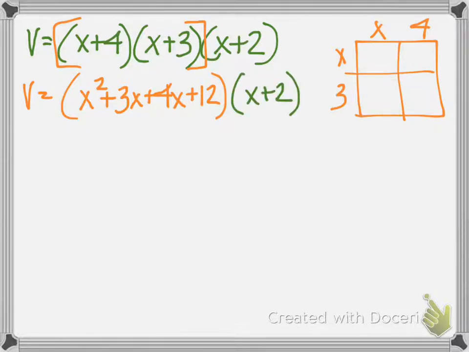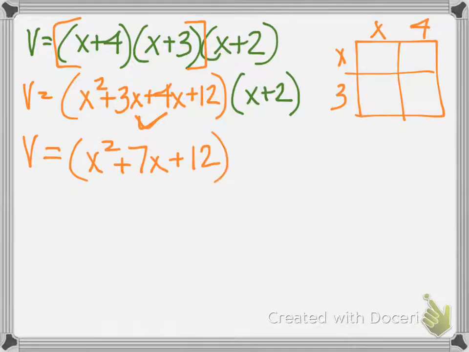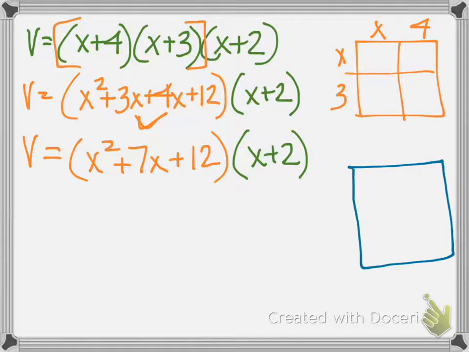I'm going to continue to simplify because I can combine these two terms. So I have x squared plus 7x plus 12, and I still have x plus 2 on the end. Okay, so now I have to multiply all of that out. Again, I could use an area model. This time I would have 3 by 2.